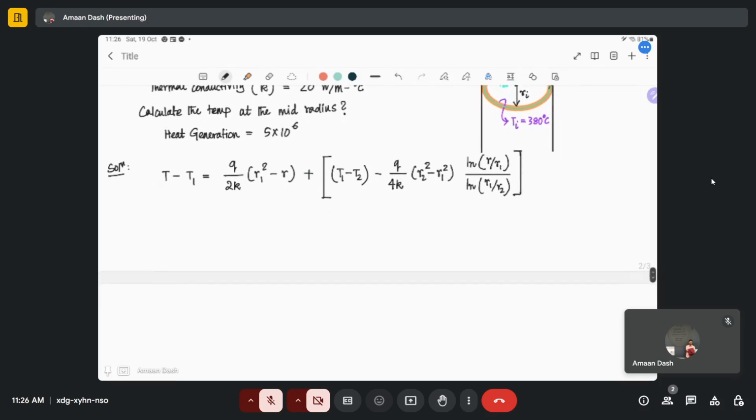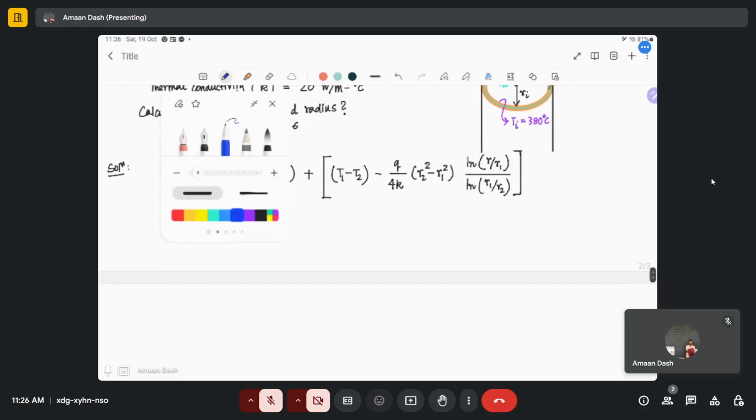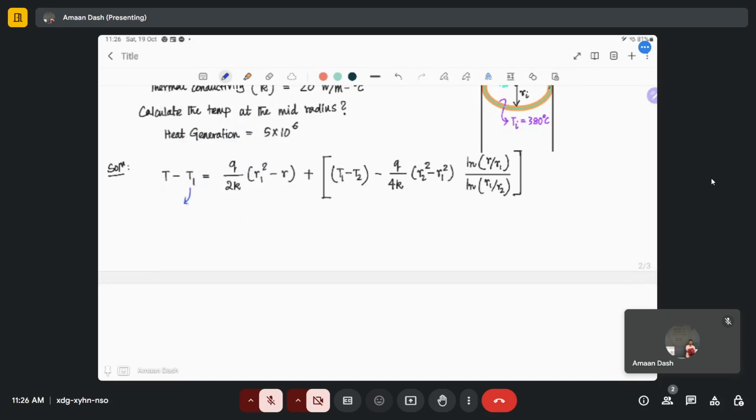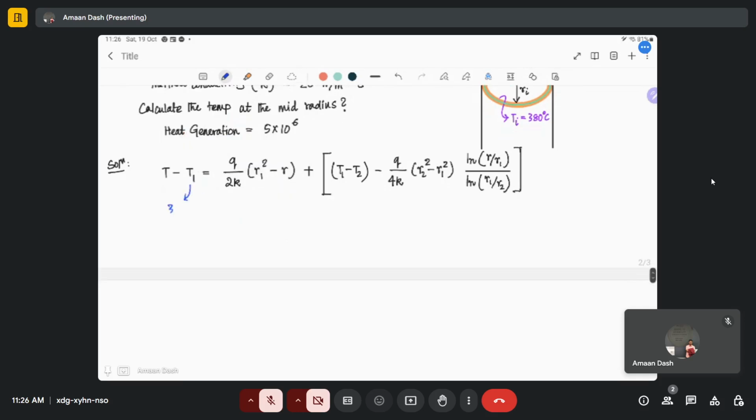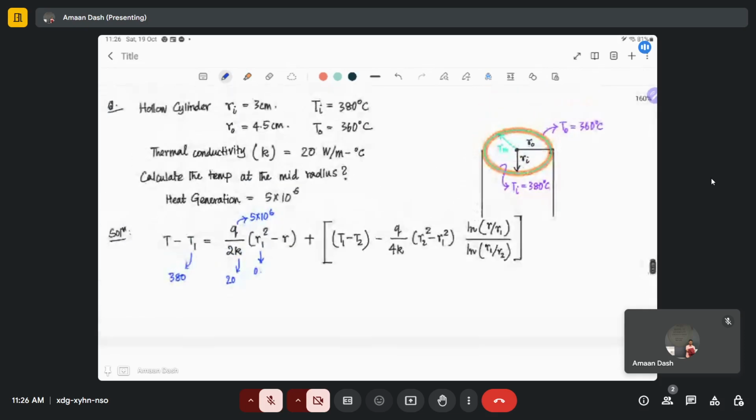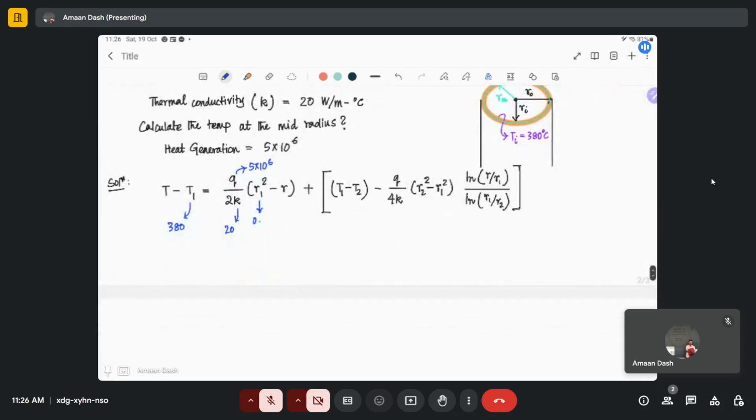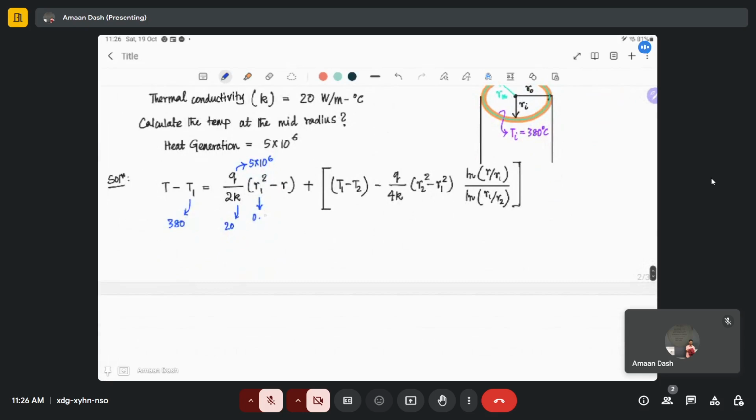So you can substitute the values. This is 380, this is 20, this is 5 times 10 to the power of 6, and R1 is 3 centimeters, so 0.03.